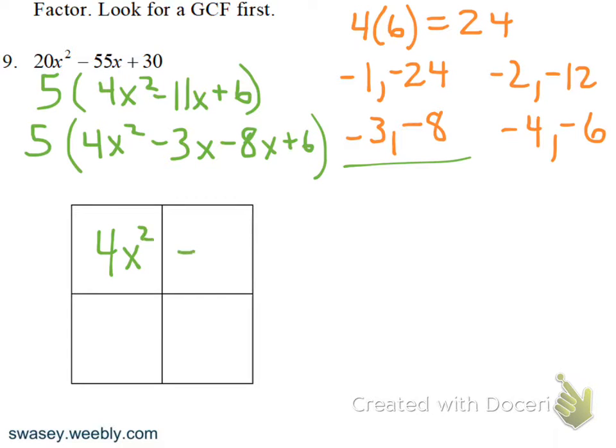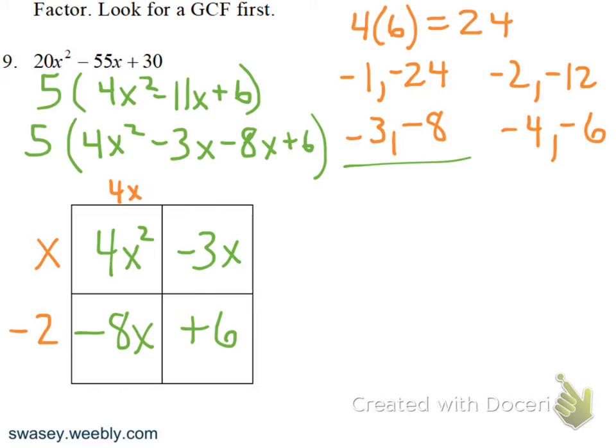What's in parentheses will go in the box. Greatest common factor of the top row is x. Greatest common factor, bottom row. We've been noticing a negative on that first box in the bottom row means that you're going to factor out a negative here. So 4x squared divided by x gives us 4x.